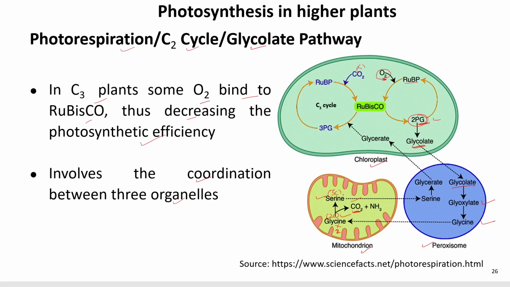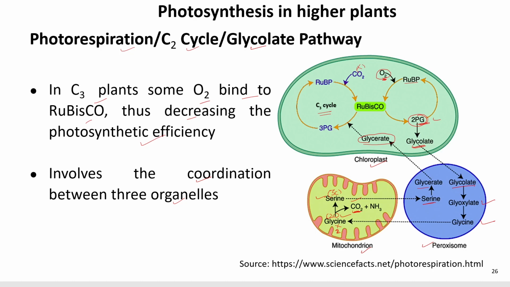Then this serine enters peroxisomes again. Then this serine is converted into glycerate. Now glycerate enters the chloroplast, and then this glycerate enters the C3 cycle. So this was about photorespiration in brief.